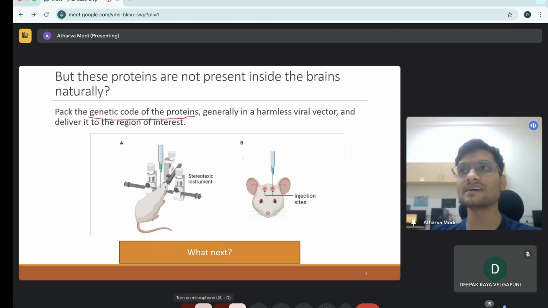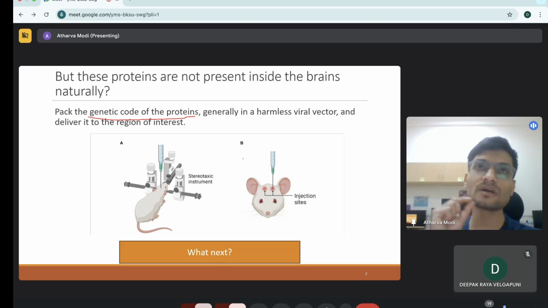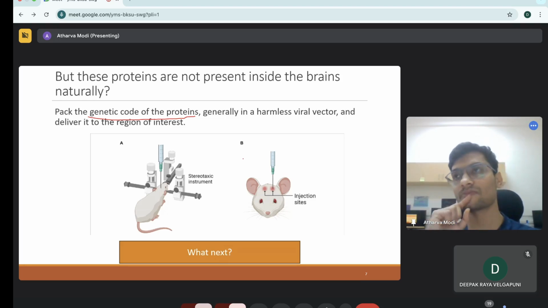We are not changing the DNA, but we have expressed some kind of protein in them which is not naturally present in that particular part of the brain tissue. So these have unnatural elements inside their brain.